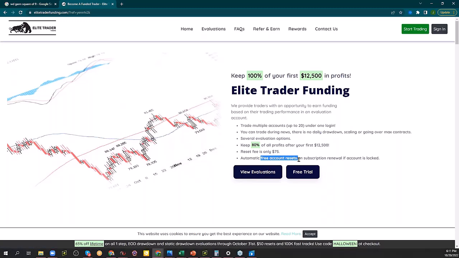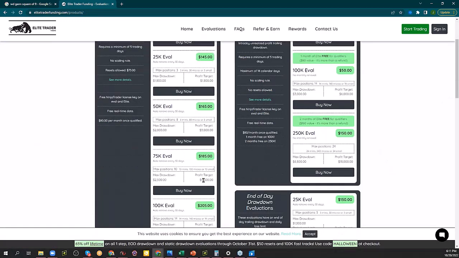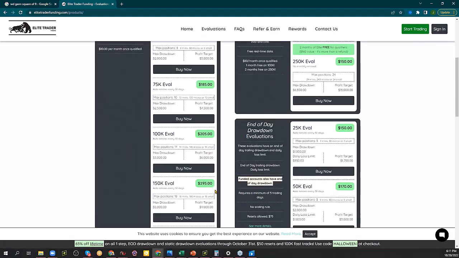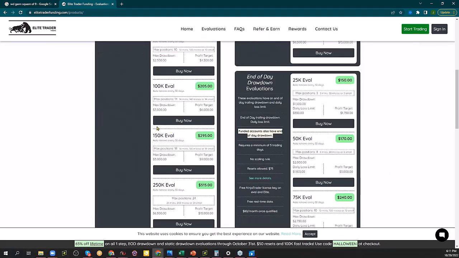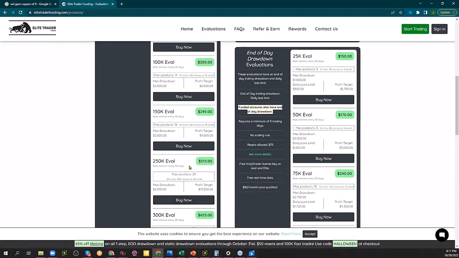Automatic free account resets on subscription renewal if account is locked. Apex doesn't have that. Dude, this is pretty cool. What? Wow, it's like they copied Apex, but made it better. I wonder, do they give out discount coupons like candy?